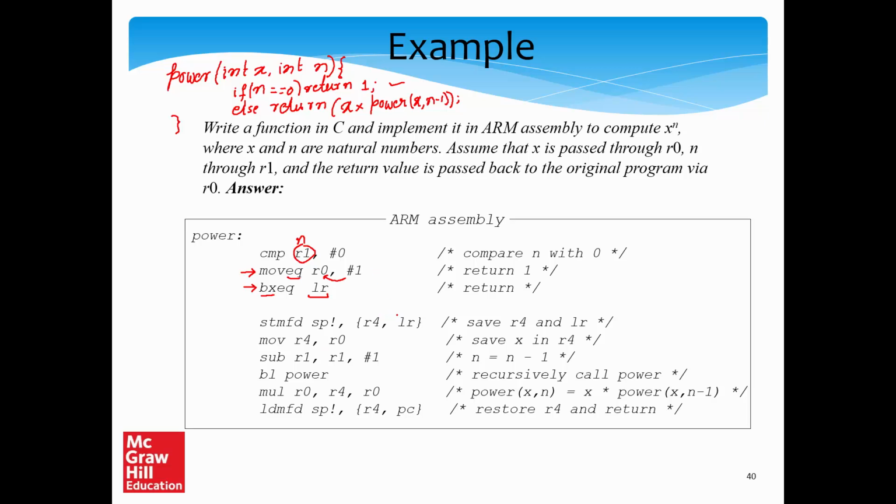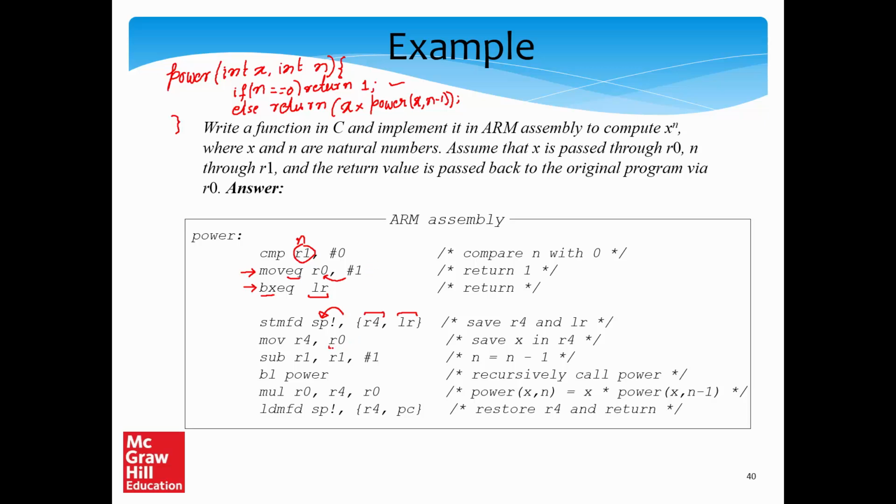Since it's a recursive call, definitely the return address register will get overwritten, so we save it. Along with that, we save a temporary register R4, because this also will get overwritten. So we save R4 and LR on the stack using the stmfd instruction.